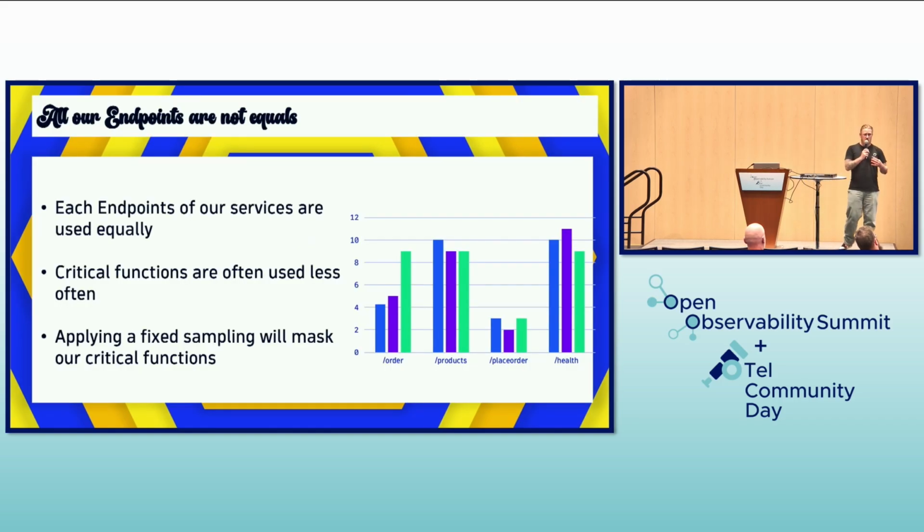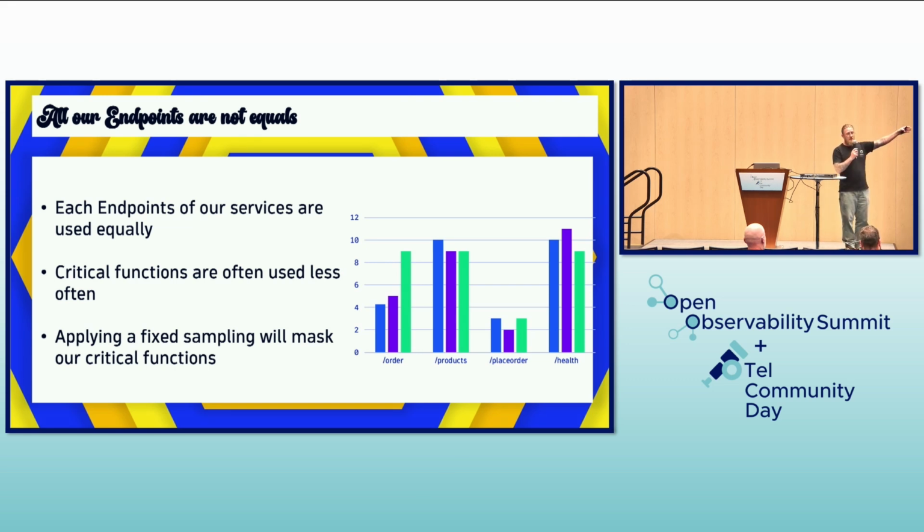The other reality that is happening is that we have a distributed system, and one of the services, like service A, has different endpoints: /order, place order, /health, /customers, or /products. And obviously the number of times those endpoints are being used is completely different. It makes sense.